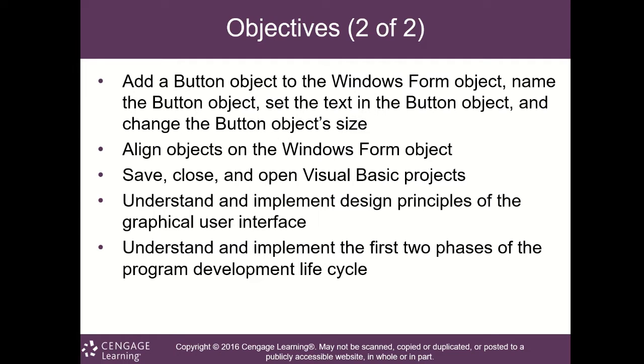Then you align objects on the Windows form object. Then we will save, close, and open Visual Basic projects. We will understand and implement design principles of the graphical user interface. We will also understand and implement the first two phases of the application development lifecycle.